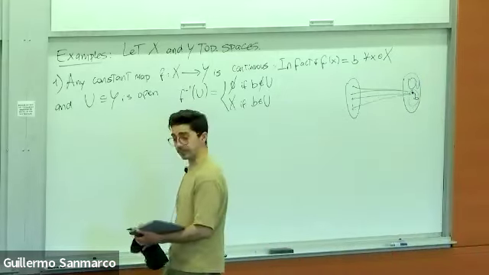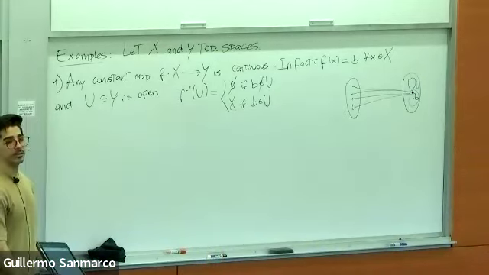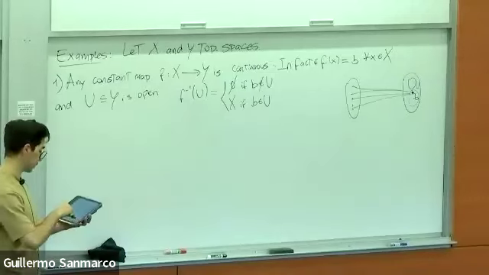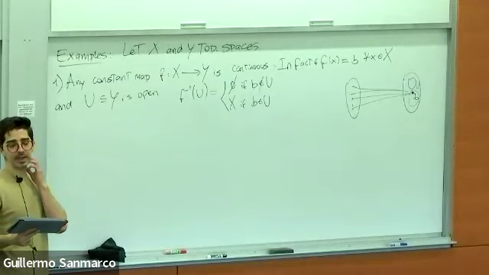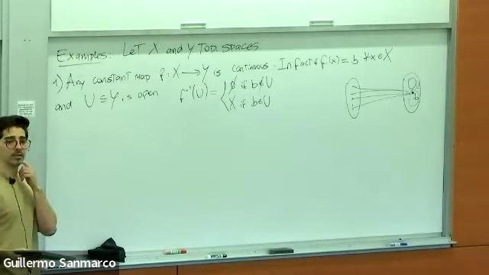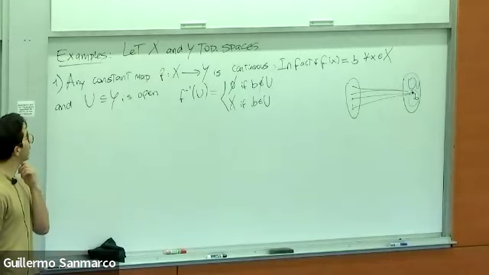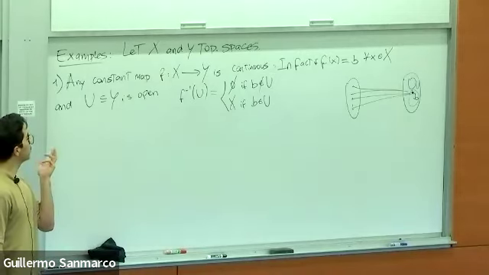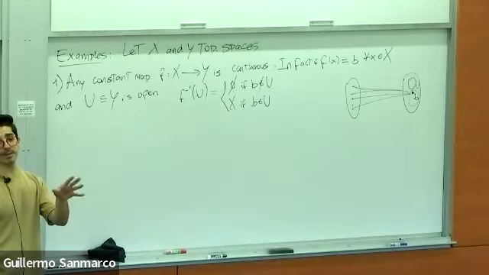Are we okay with that? So constant maps are always continuous for easy reasons. Remember, in probably your first analysis class, when you were trying to prove that a constant map is always continuous, given an epsilon you need to find the delta, and your delta can be anything.